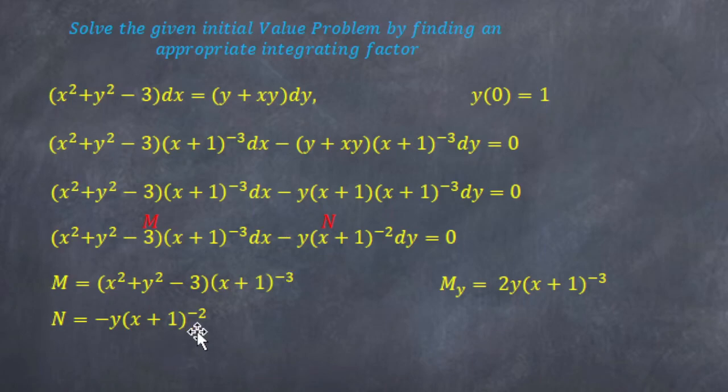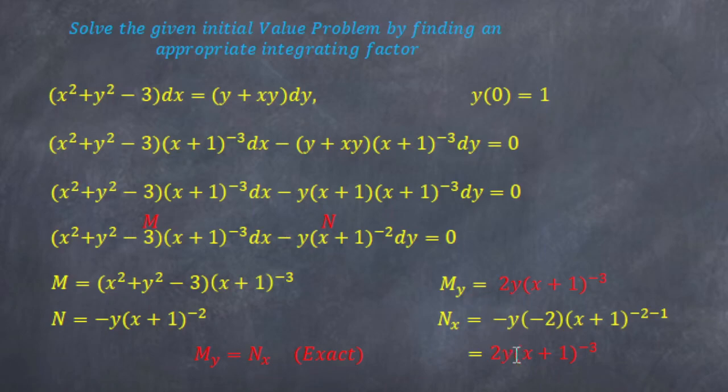So let's take the partial derivative of N with respect to x. The y here is just constant, so we have negative y times, bringing the exponent down, negative 2, and then subtracting 1 from negative 2, we have negative 3. As we can notice here, our My is equal to our Nx.